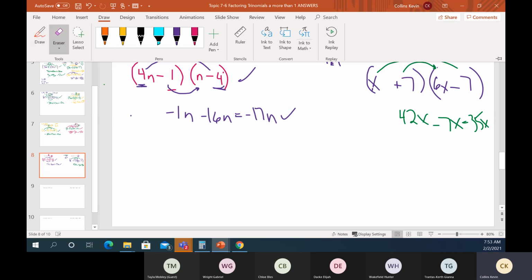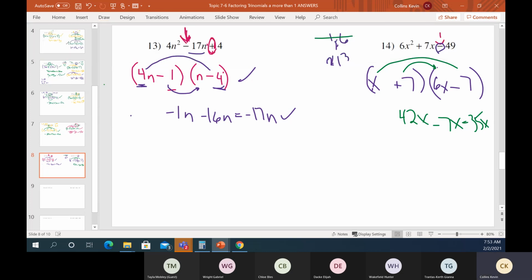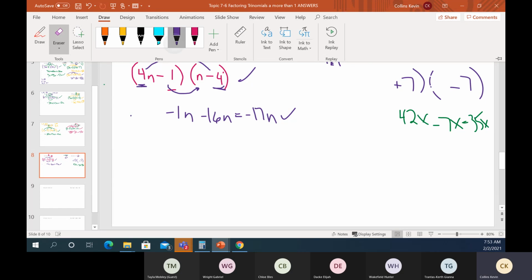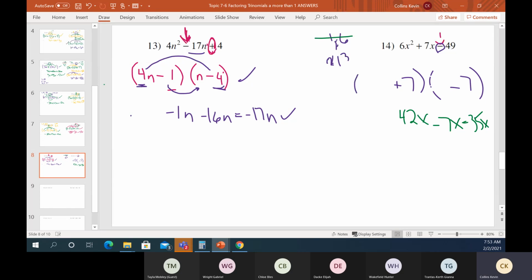So let's go with the 2 and the 3. Get this stuff out of here, clean things up a little bit. All right. Okay. So we'll do 2 and 3.